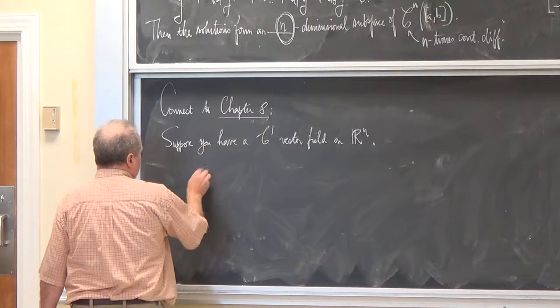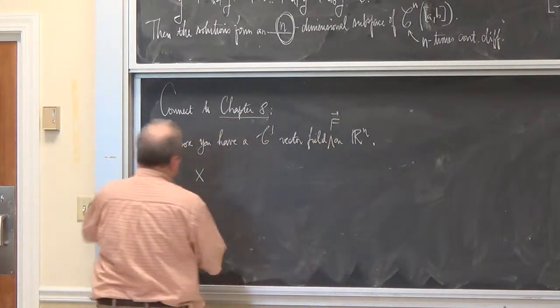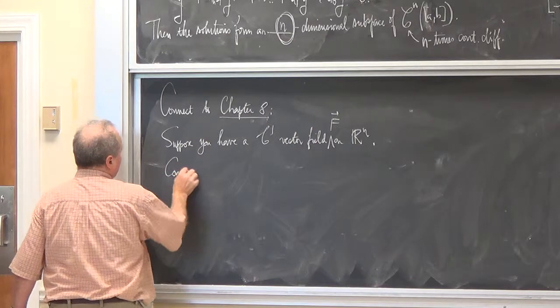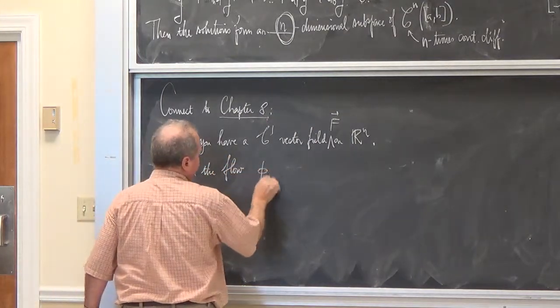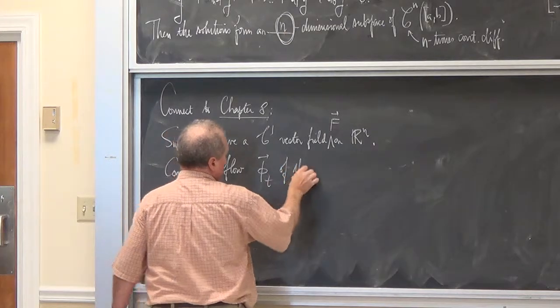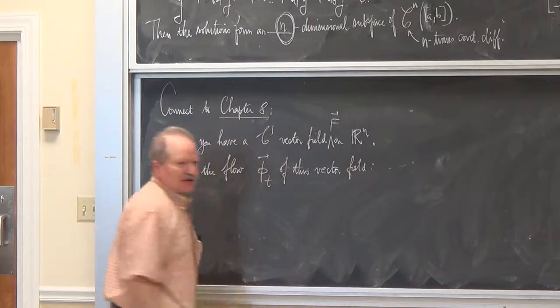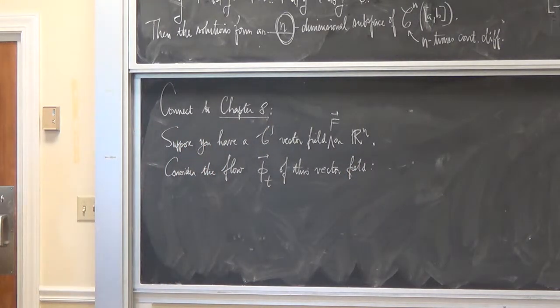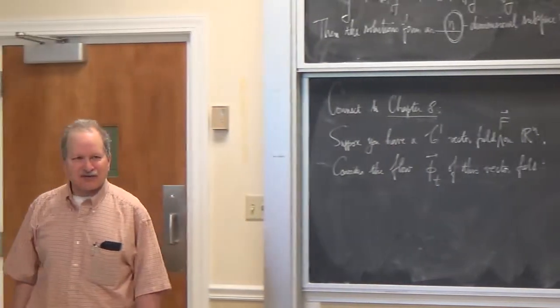You can take a differential equation, call that vector field capital F. Consider the flow of this vector field. So you dealt with this in a homework problem, and I made some brief reference to it here. And this is going to be what Math 4700 is all about, by the way, for those of you heading that way.